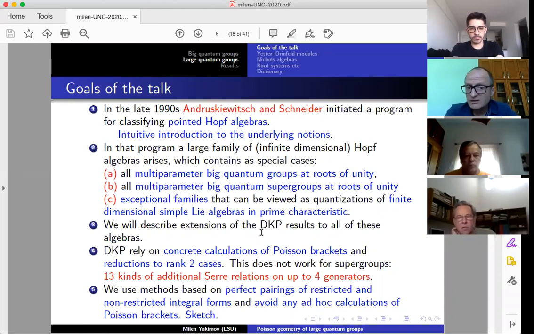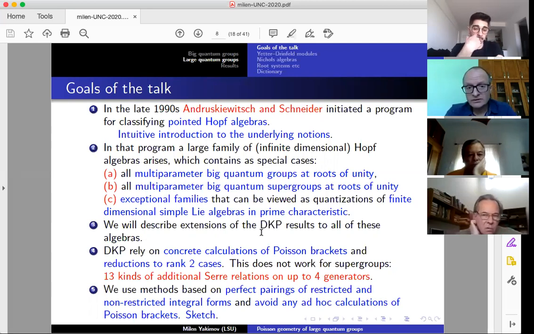And in some cases, you wouldn't reduce to rank 2 subgroups, you would reduce to rank 4 subgroups, which can be extremely involved. So we designed this very general method that uses perfect pairings between different integral forms of these algebras. They're called restricted and non-restricted integral forms.